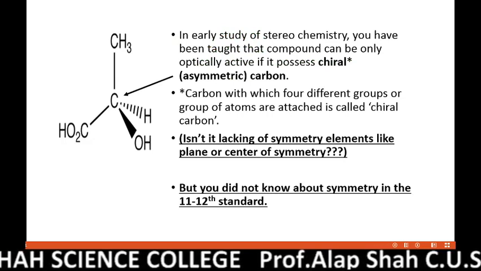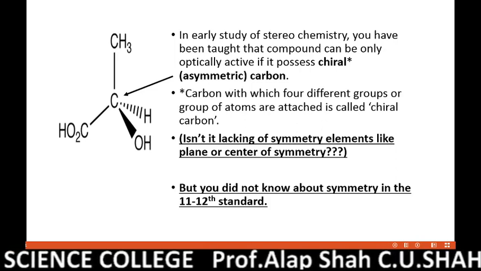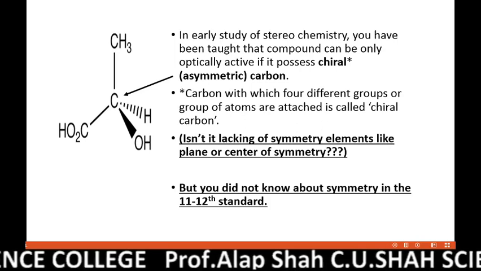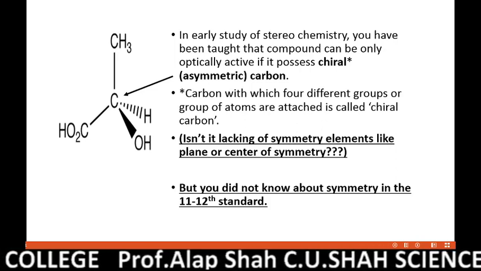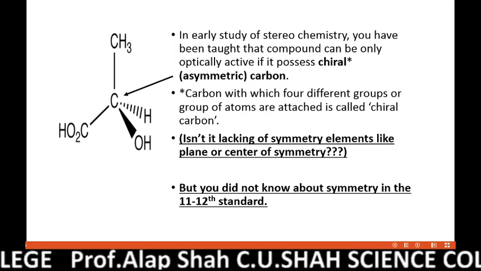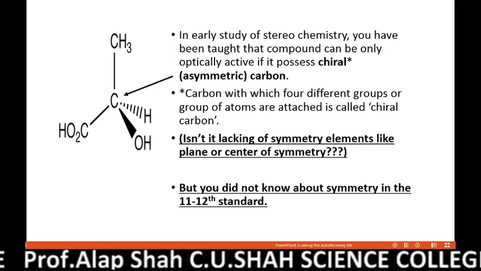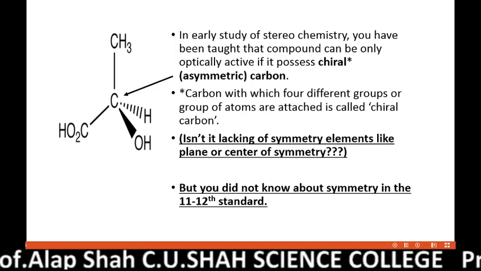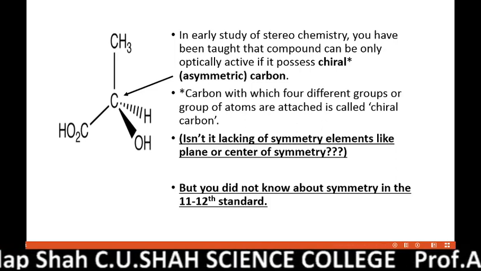Students, particularly at 11th and 12th standard level, when you first studied stereochemistry, you were taught that the condition for any compound to be optically active is it must have at least one asymmetric carbon or chiral carbon. What is the definition of asymmetric or chiral carbon?